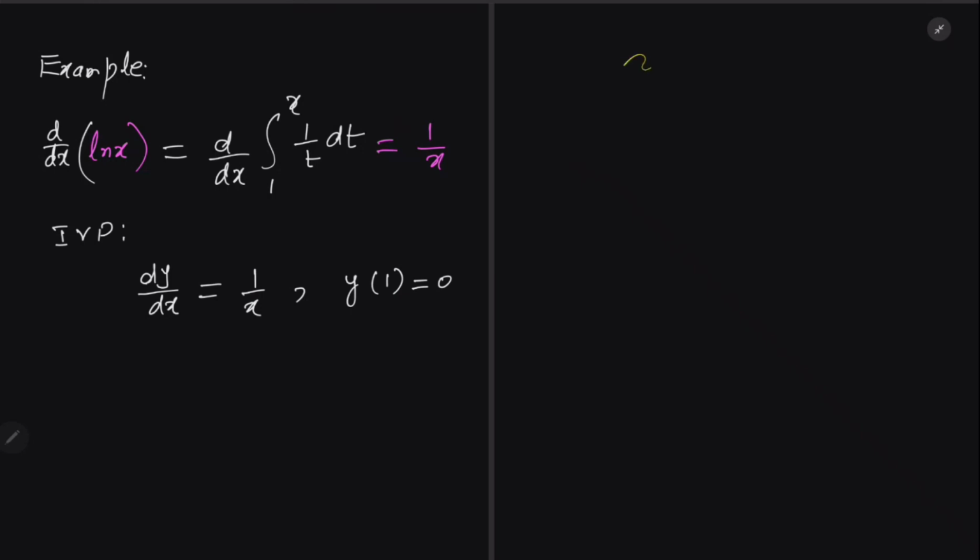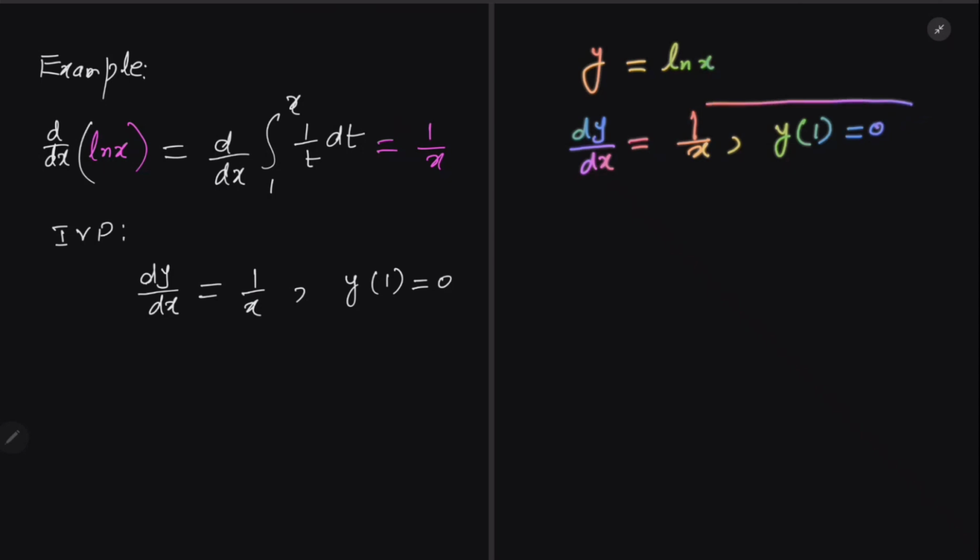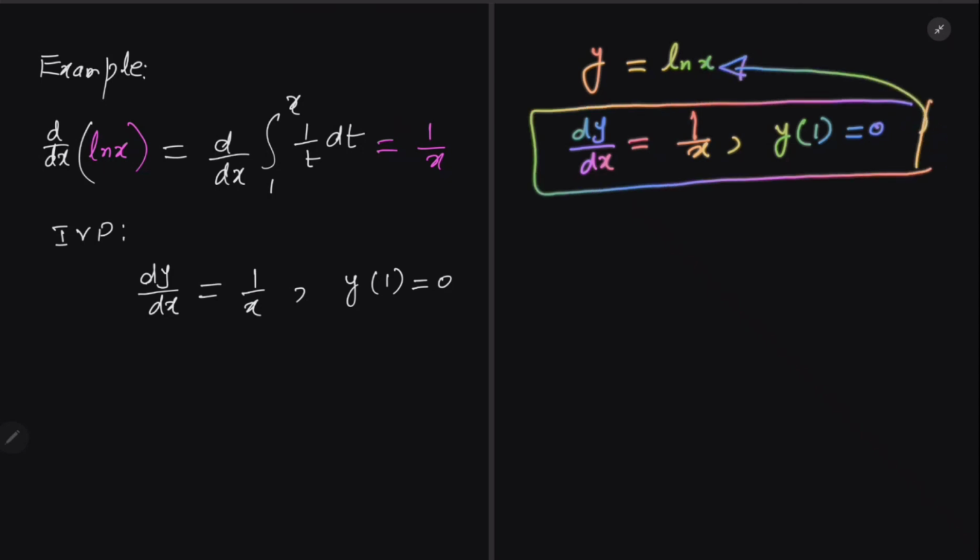How do you do that? For example, if we have y is equal to natural log of x, differentiate that, dy by dx will be equal to 1 over x, and if you apply y of 1 is equal to 0, then you can solve this problem and you will get the same natural log of x.